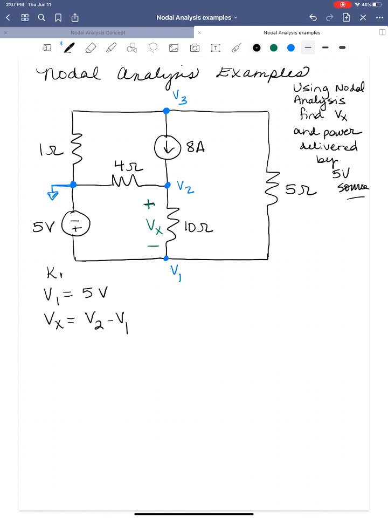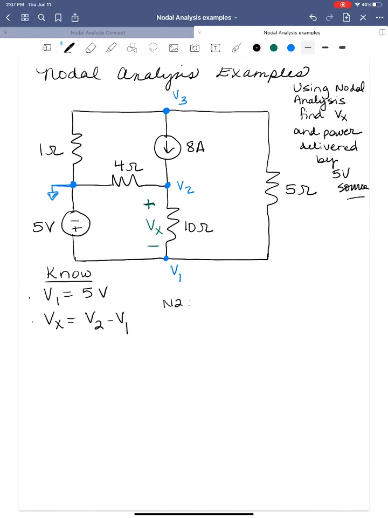I'm going to call this little section things that we know. We know these things before we even get started with writing nodal analysis and the nodal equations. We know what we're trying to solve for, and we know what V1 is. Now let's go to the node 2 equation.